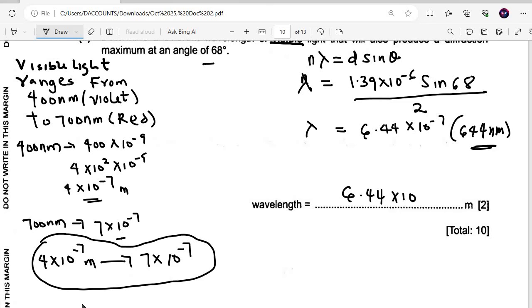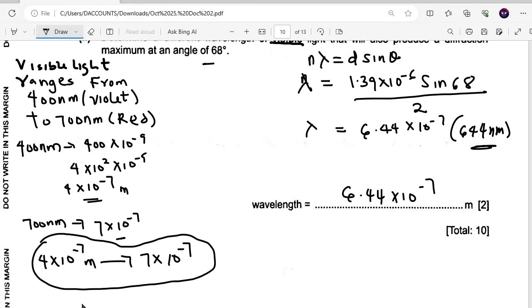6.44 times 10 to the power minus 7. Let's see if you use more than 3: 1.39 times 10 to the power minus 6, multiplied by sine of 68, divided by 4.